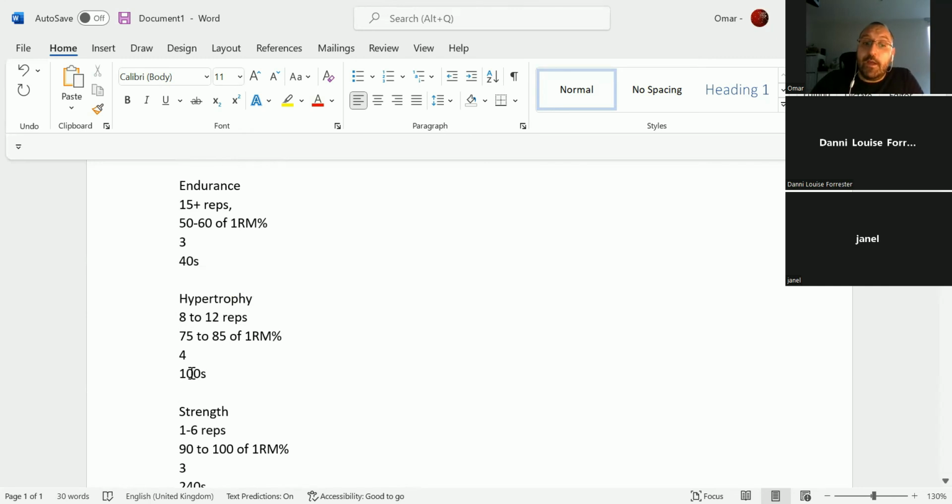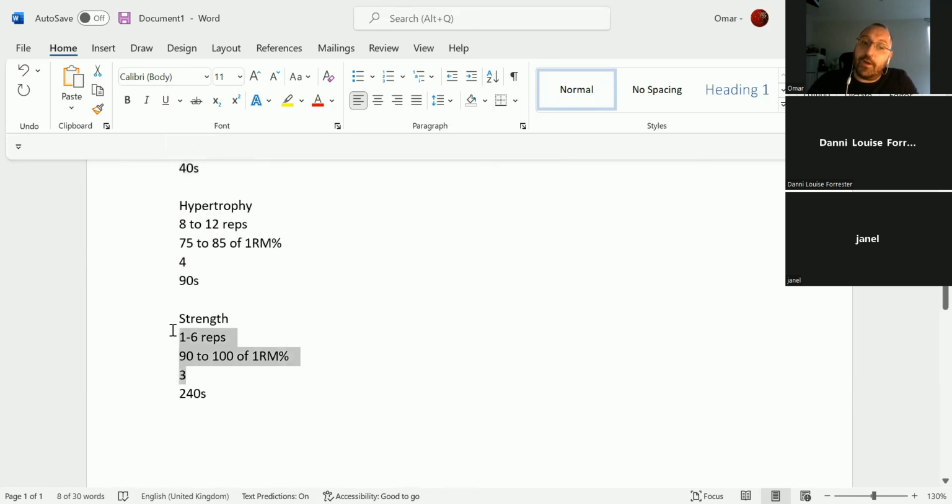So you say, okay, if you cannot do it at this particular level, how can we make it a little bit easier? Well, decrease the reps, or decrease the 1 rep max, so take some weight off, or increase the rest a little bit. These are things you can manipulate as a personal trainer, but just bear in mind that you don't want to end up training for endurance or strength when the client wants hypertrophy.